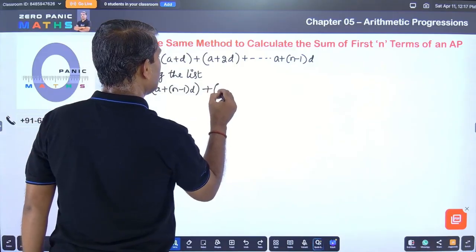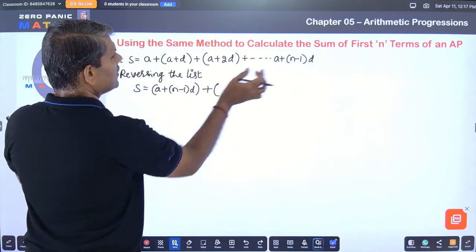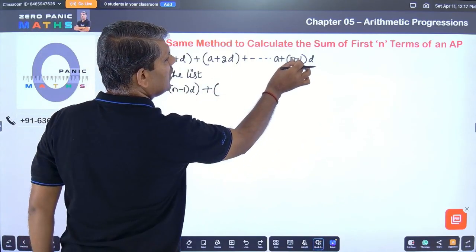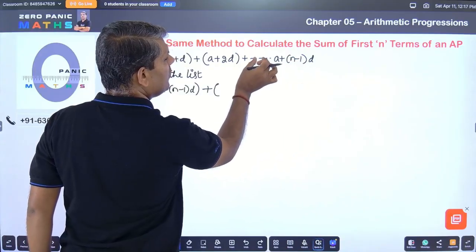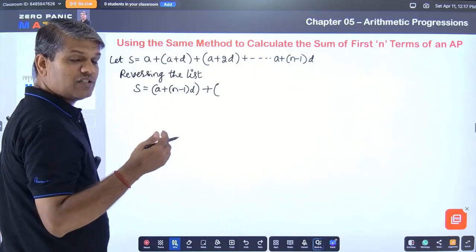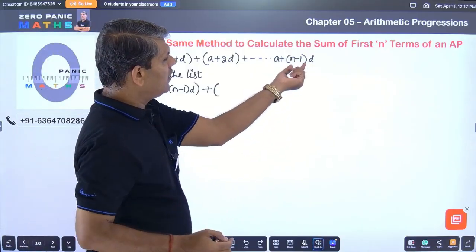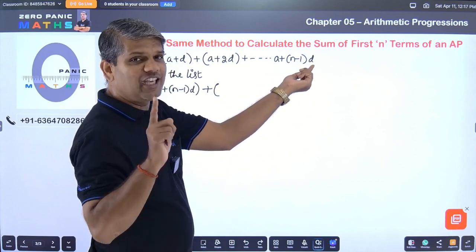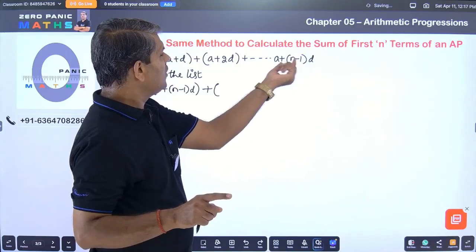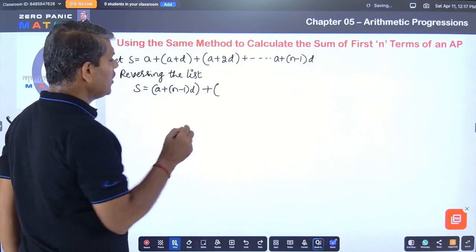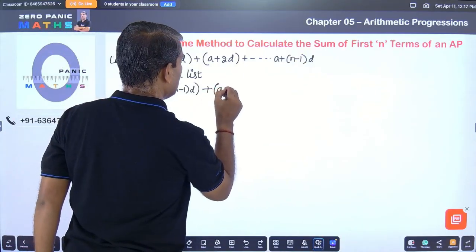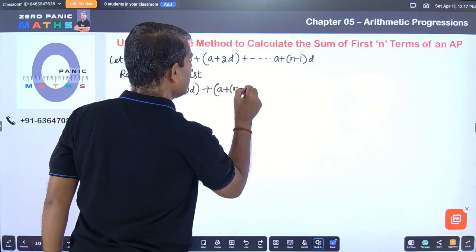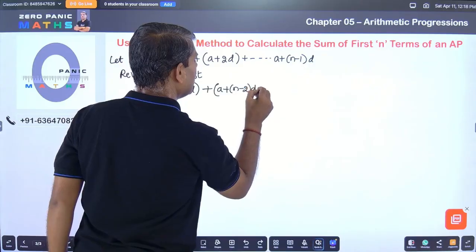Now what is the second term? It is just previous to this term. If it is n minus 1, it will be n minus 2, because it is one less than the term that is multiplied with the difference d. Hope you understand this. So a plus n minus 2 into d.